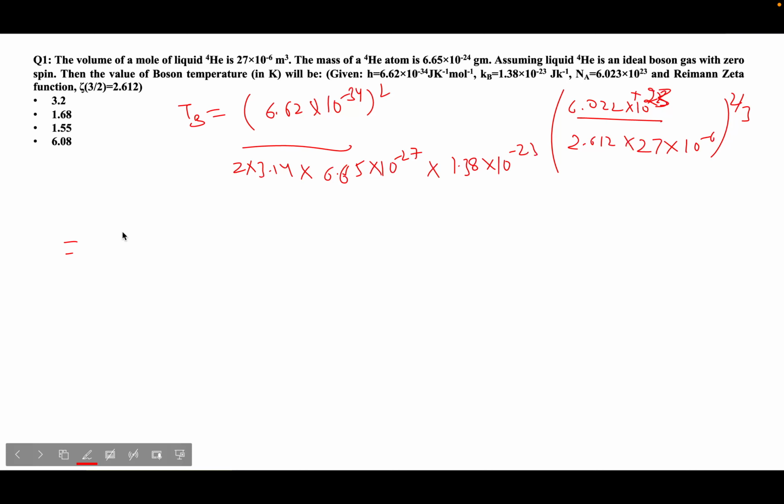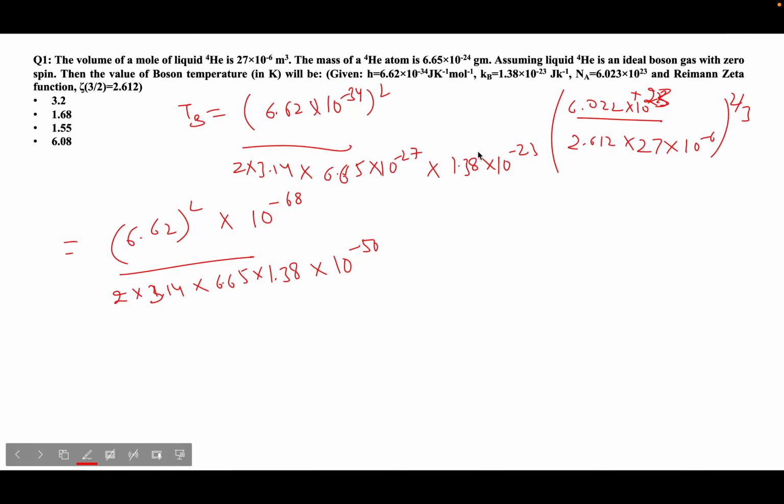So first I will solve all the powers: 6.62 square into 10 to the power minus 68, 2 into 3.14 into 6.65 into 1.38 into 10 to the power minus 27 plus 23, this is 50, 10 to the power minus 50. And now this.